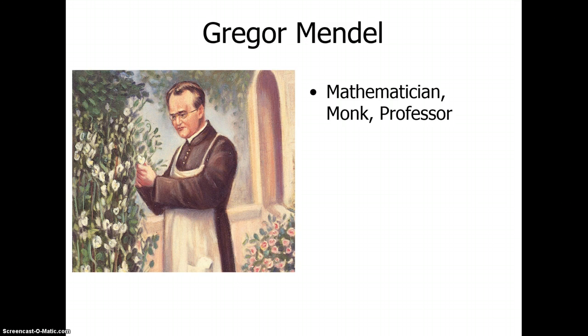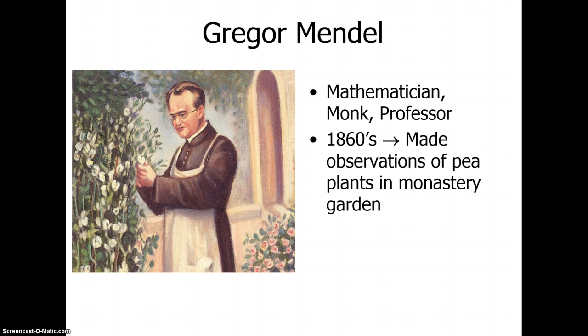He was also a monk who was also a professor. So lots of different hats. That was not uncommon in those times for monks to teach. He lived in the 1800s. In the 1860s, he made observations of pea plants in the monastery garden.